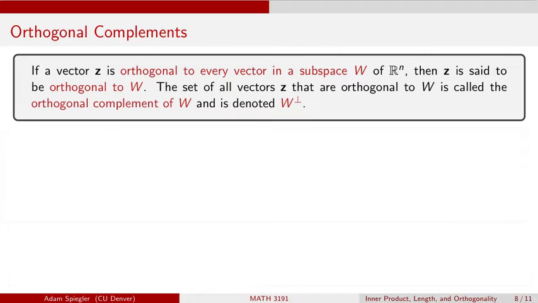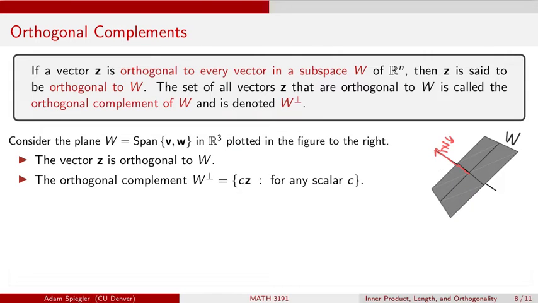So let's take a look at an example with a picture. Let's imagine that we're working with R3, and we've got two vectors in R3.